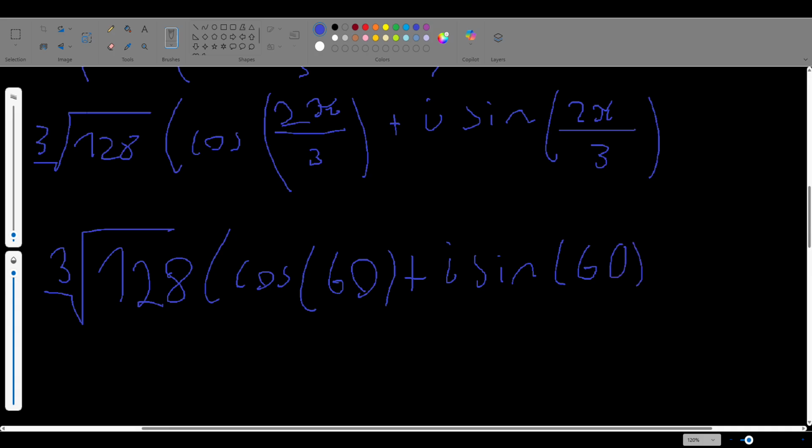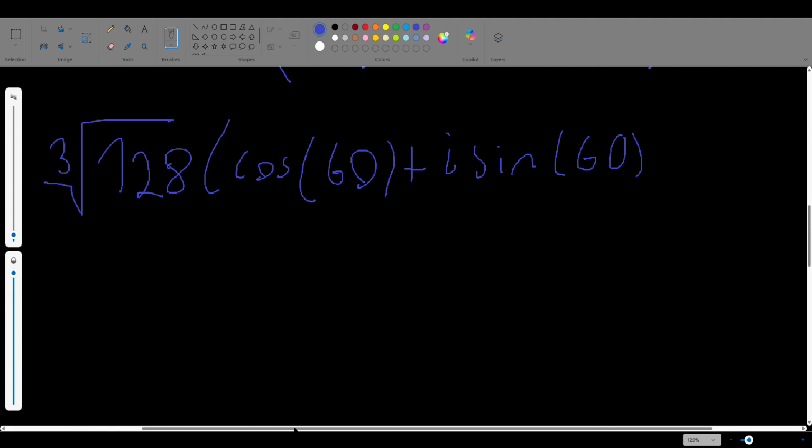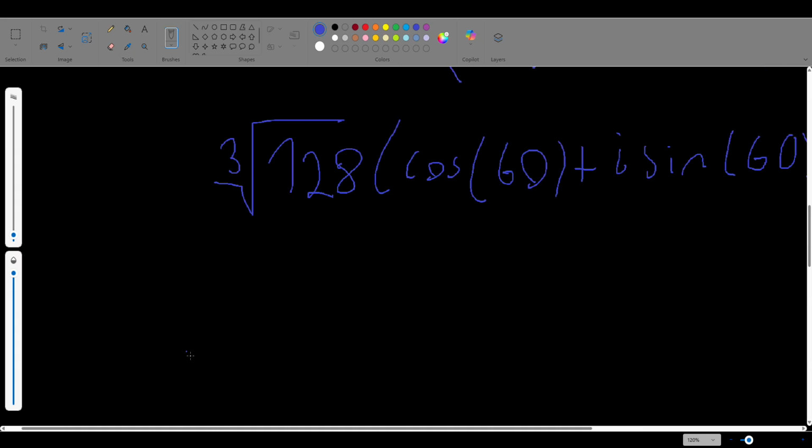Okay? So you're on the test, you're stuck, you don't know how to draw the unit circle. What are you going to do? Well, there is a trick which I want you guys to know for finding the cosine and sine.